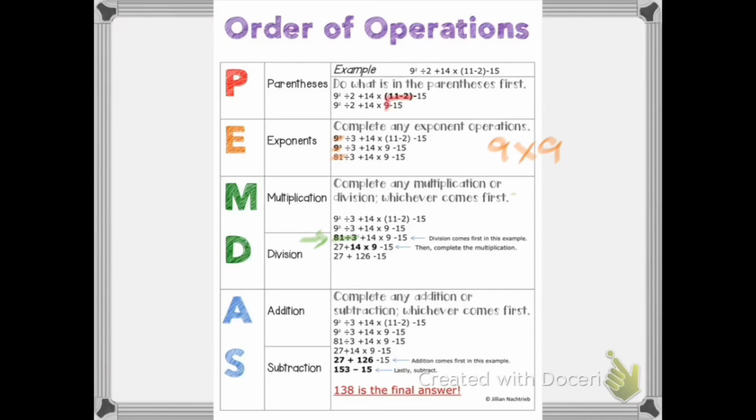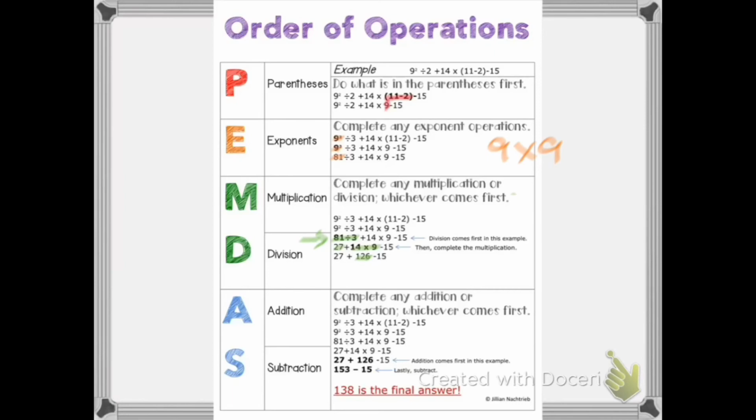So 81 divided by 3 gives me 27. Now I'm going to look through that line, and I see multiplication is right there. 14 times 9 is 126. And so all we're doing throughout this whole process is taking this very long problem and breaking it up into little pieces so that it creates this shorter problem that's a little easier to solve.